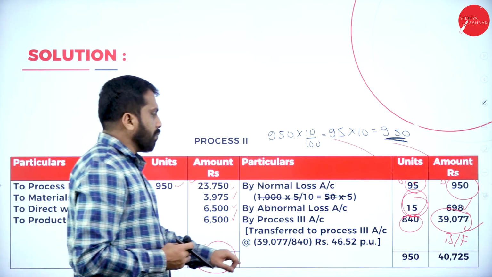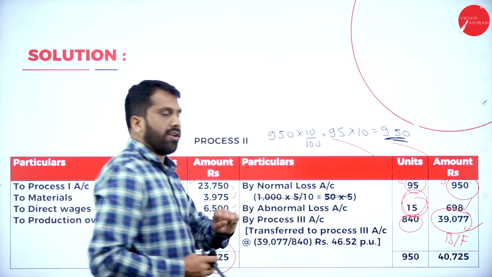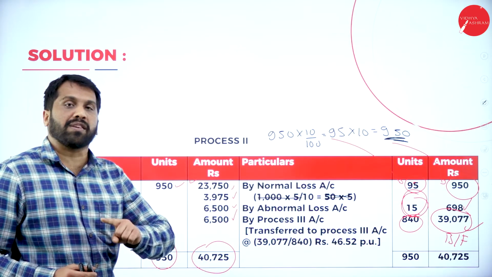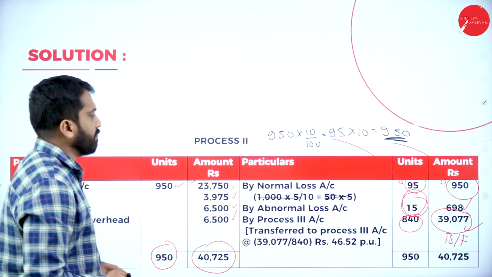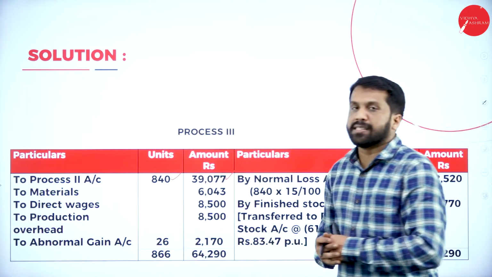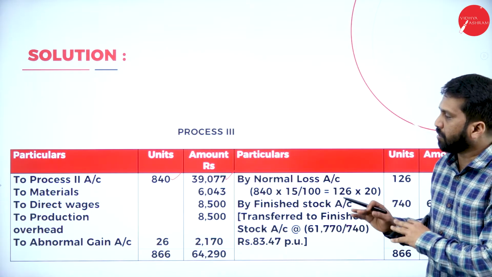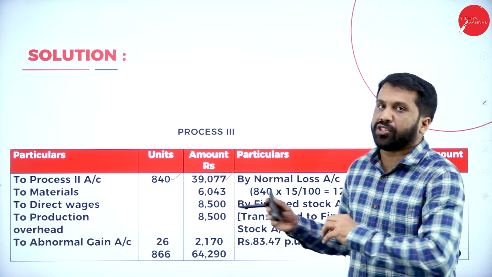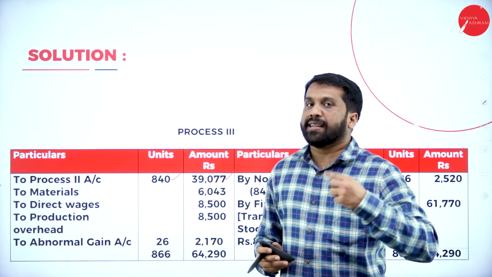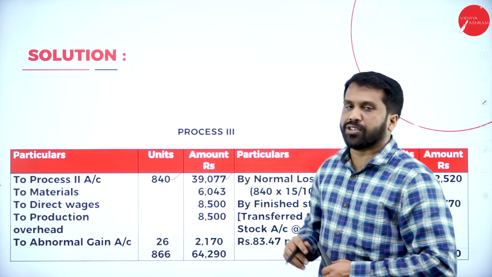And what is your output? 840, 39,077 is your output. Output will be opening for next year. I'll not explain this now because you need to do that calculation on the board only. Next session, I'll go with the calculation, but here, you should only understand.